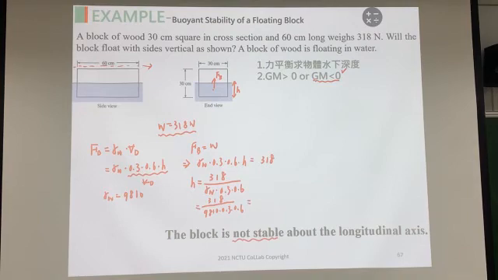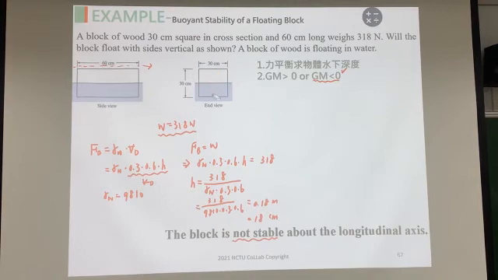Then we can compute the answer for H. Use your calculators, and the answer is around 0.18 meters, so we can say 18 centimeters. Now we know the height of H.